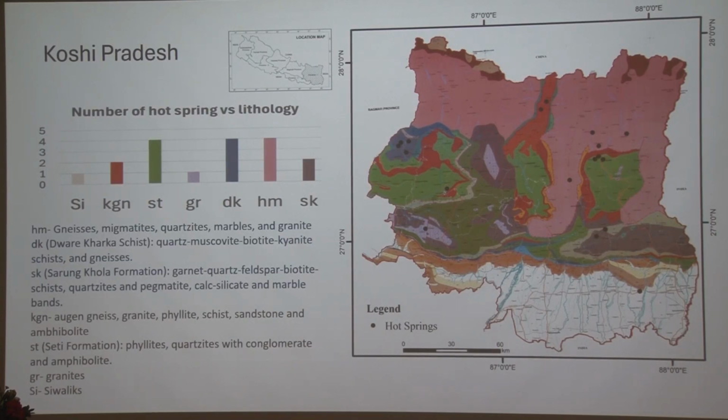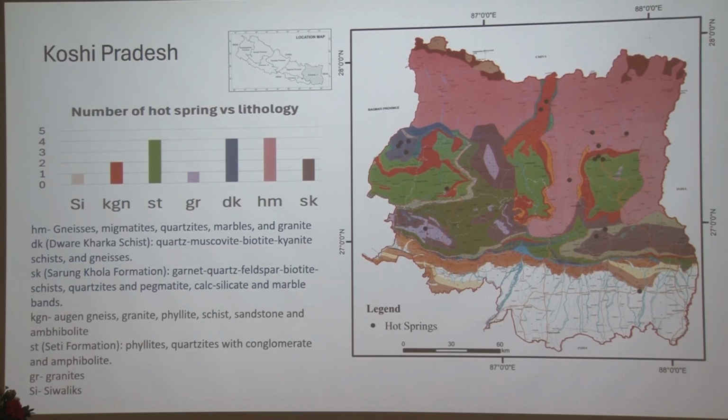I just wish to show you the distribution of hot springs in the eastern part of Nepal. Politically, this region is divided as Koshi Pradesh, which is more or less equivalent to the eastern region of Nepal. There are a few hot springs in the Higher Himalayan rocks, composed of gneiss, migmatite, quartzite, marble, and granite.